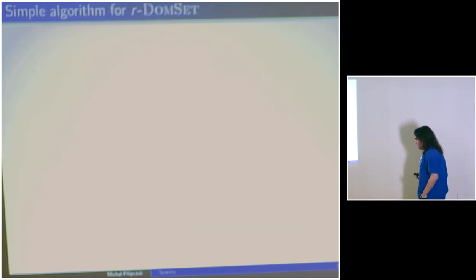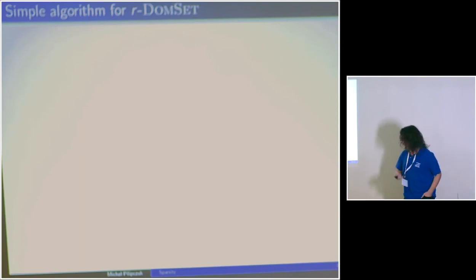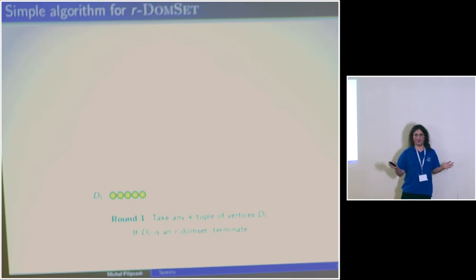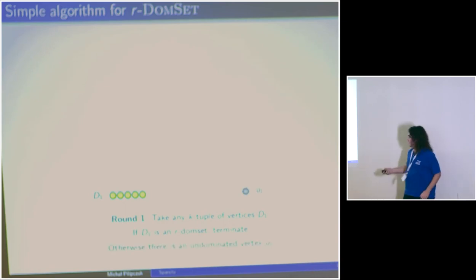Good. So let me now give the simple algorithm for r-dominating set. It will look stupid. Let me take any k-tuple of vertices. Yeah? Let me check if it's an r-dominating set. If I'm so lucky that I already start with an r-dominating set, then I just terminate the algorithm, right? Otherwise, I find one vertex u1 that is not r-dominated, right?